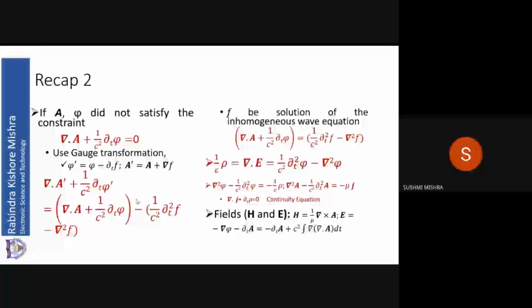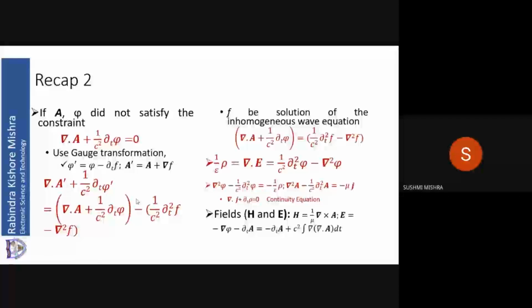So what type of transformation? That also we said: phi dash is equal to phi minus dou f by dou t, and A dash is equal to A plus grad of f. That is the Gauge transformation that we can use.